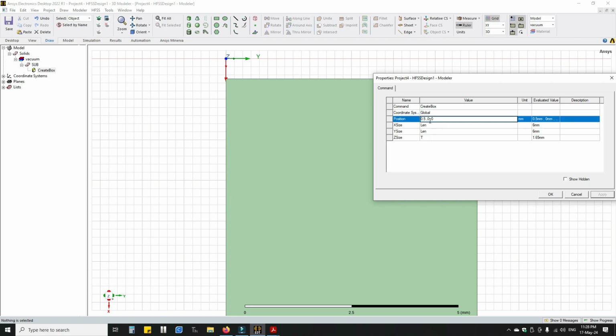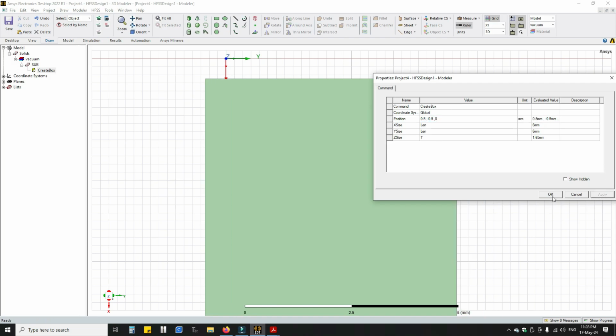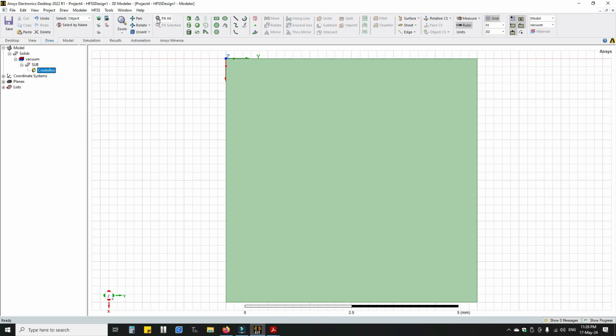If I change y as well, the entire structure moves towards this direction, like this one. Or if I place a negative sign here, here it is. Very good.